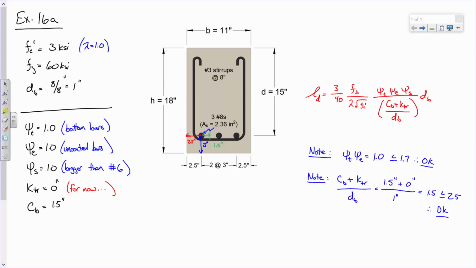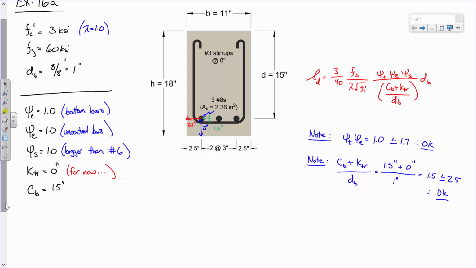Okay, so with all of this, we can compute the development length. The way that I like to do it is I just do it in one big fraction. Let's do the bottom first. We have 40 times lambda, which is 1, times the square root of 3,000, using this red equation up here.